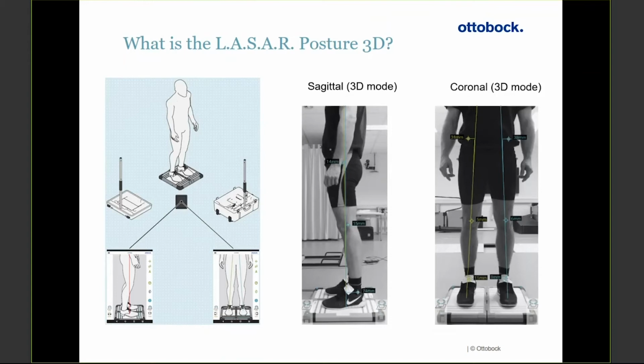And then the tablet is displaying that data overlaid onto the image of the patient. You'll see that one line is green, that will be one limb. One line is blue, that will be the other limb, which is very easy to see here on the coronal plane. But when you look at the sagittal plane, it looks like they're overlapping. And in fact, they are.